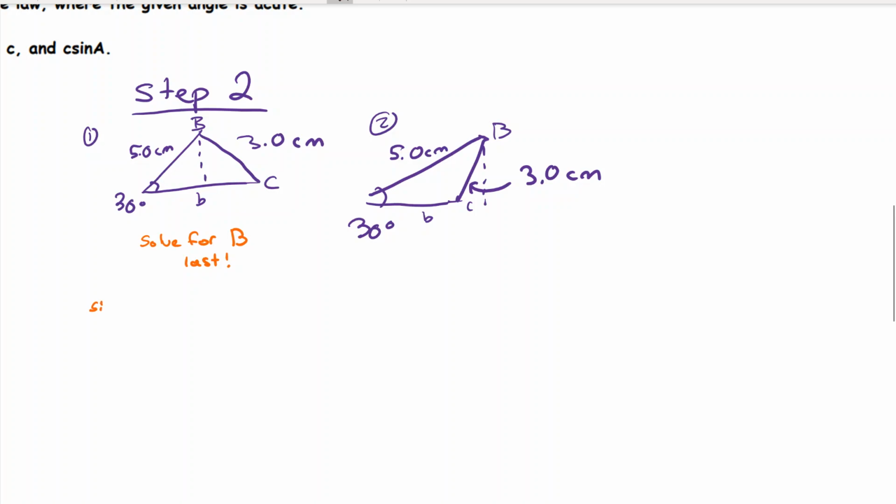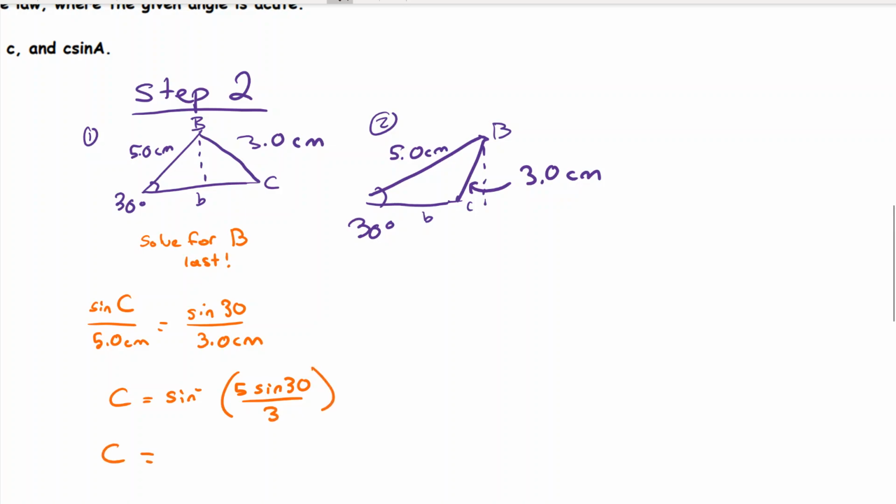So the sine of C over 5 centimeters, its opposite side, is equal to the sine of 30 divided by its opposite side, which is 3.0 centimeters. So C is going to be the inverse sine of 5 times sine 30 divided by 3.